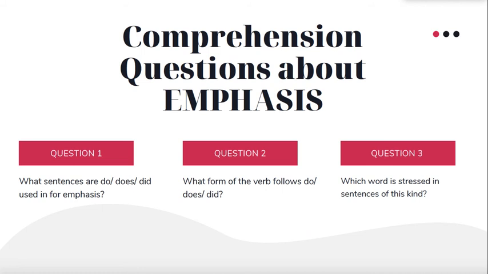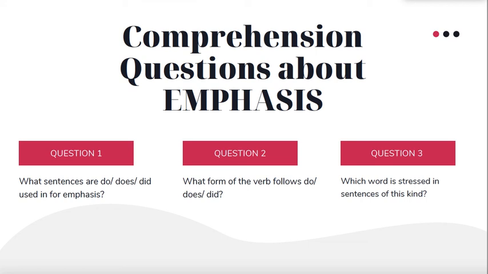Now, comprehension questions about emphasis. Comprehension means understanding, like how you understand this topic. Question 1. I want you to answer this question right now to yourself. What sentences are do, does, did used in for emphasis?